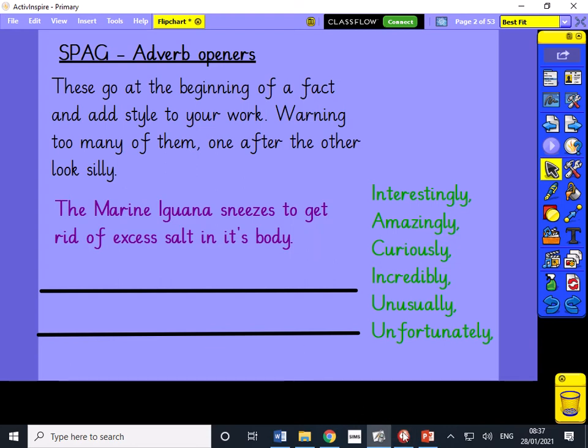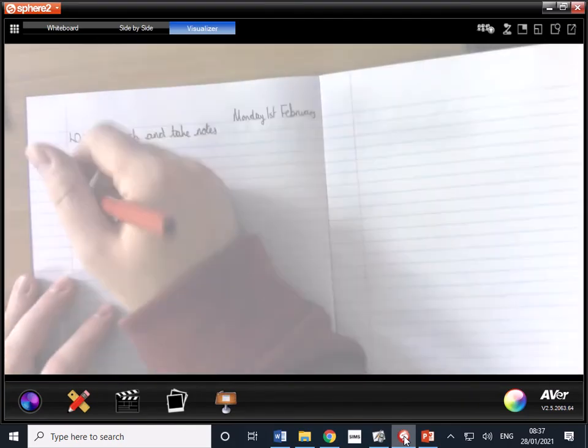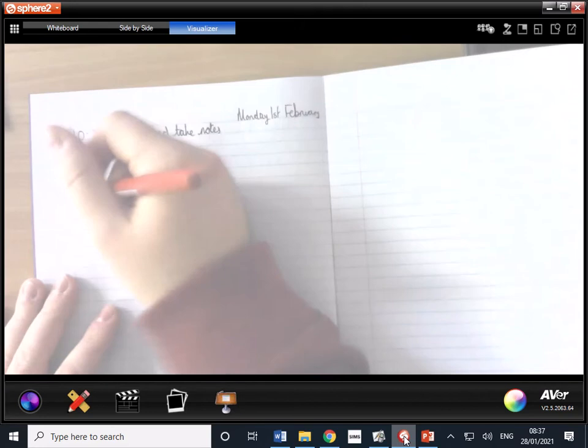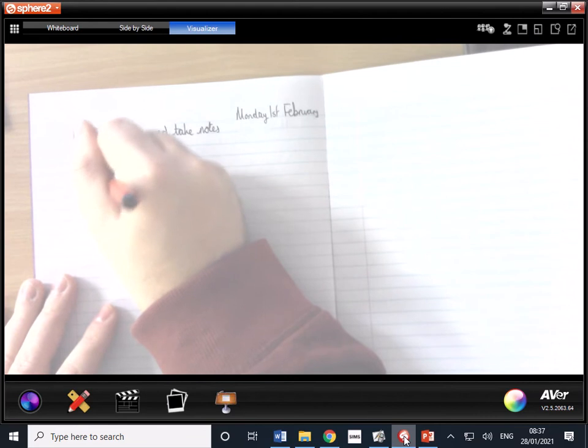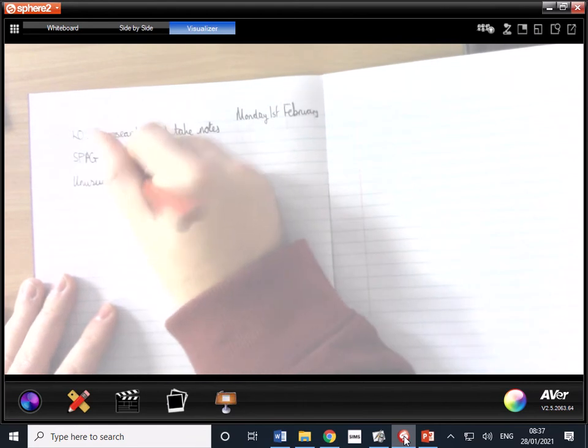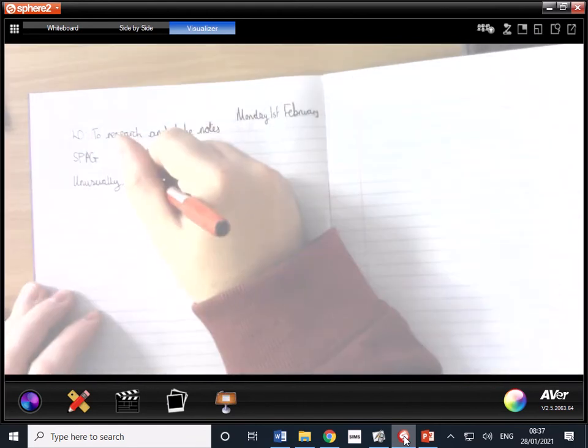Okay, so I'm just going to switch back to the visualizer. So then underneath, what you would do in your book, not for this one, this is just an example. So I'm going to put unusually, comma, always a comma after an adverb opener.